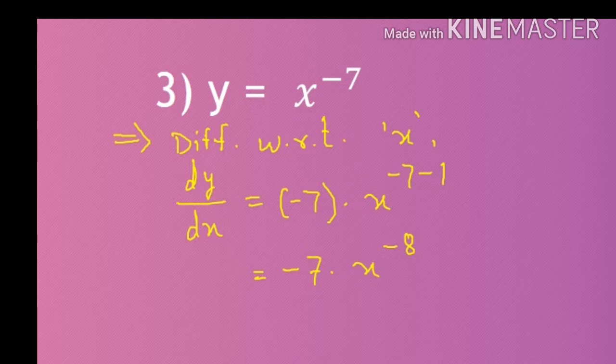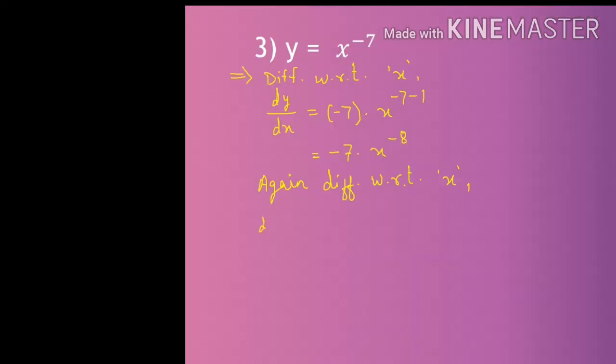Now again let us differentiate. So d square y upon dx square is equal to minus 7 into minus 8 into x raised to minus 8 minus 1. So you get 7 8s are 56. This minus minus will become plus, into x raised to minus 9.